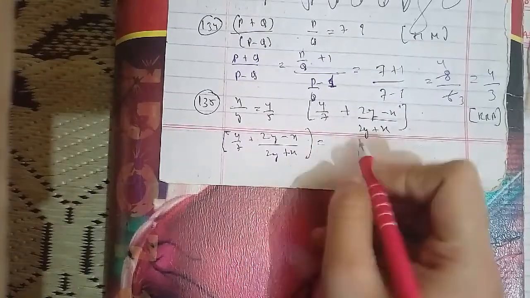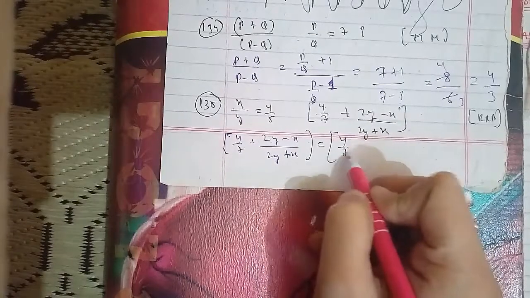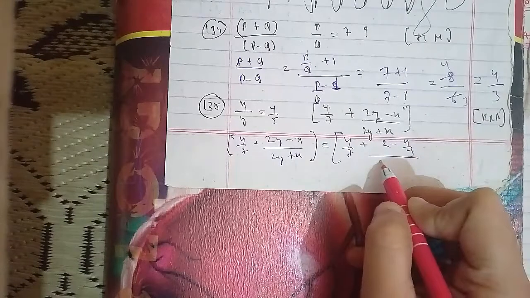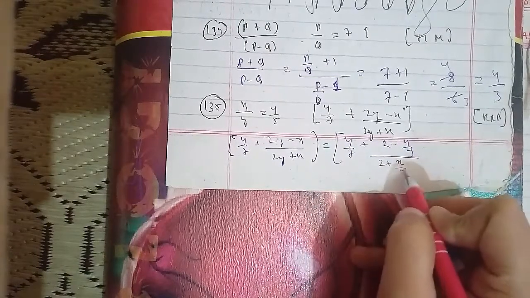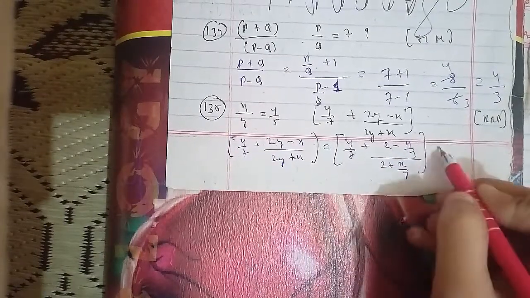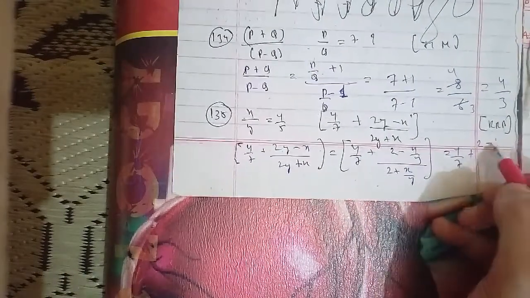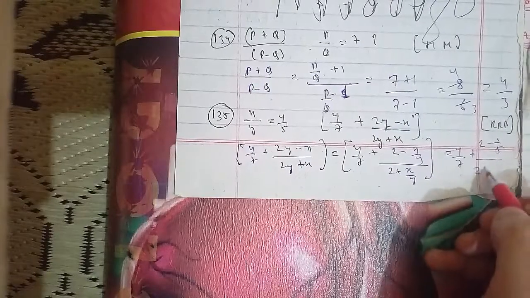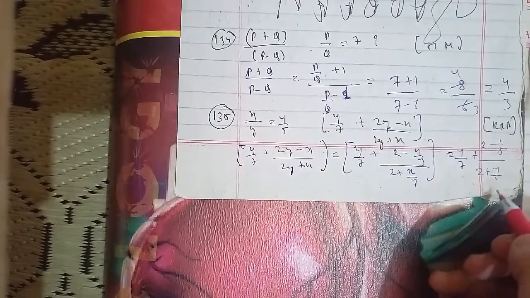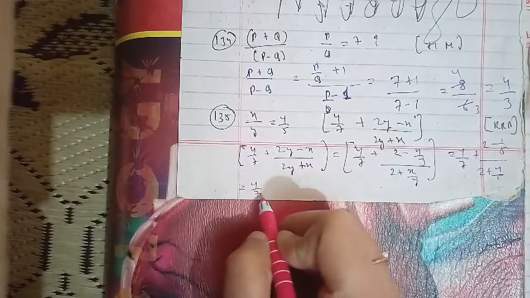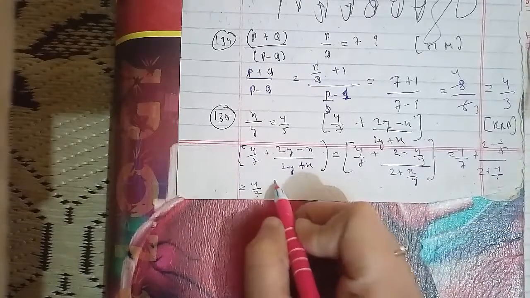That equals 4 upon 7 plus 6 upon 5 upon 14 upon 5, which is 4 upon 7 plus 6 upon 5 into 5 upon 14. 5 and 5 cancel, 2 3s are 6, and 2 7s are 14.